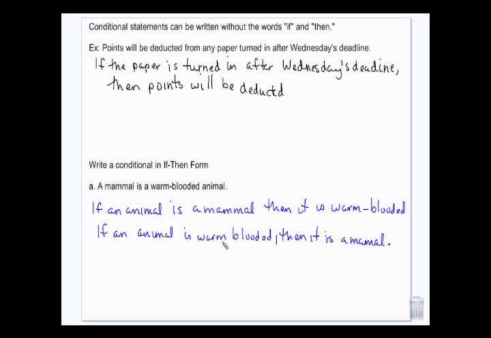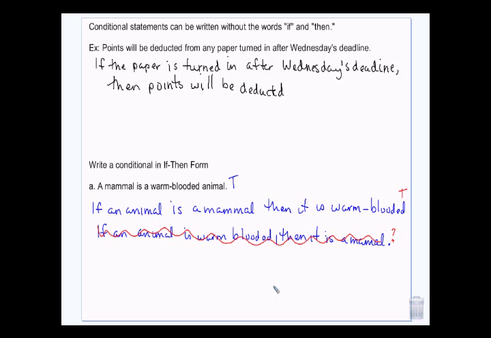What about birds? Birds are warm-blooded, not a mammal, right? So if you are looking at this, this is true. This is not necessarily true, so don't use this one. Does that make sense?